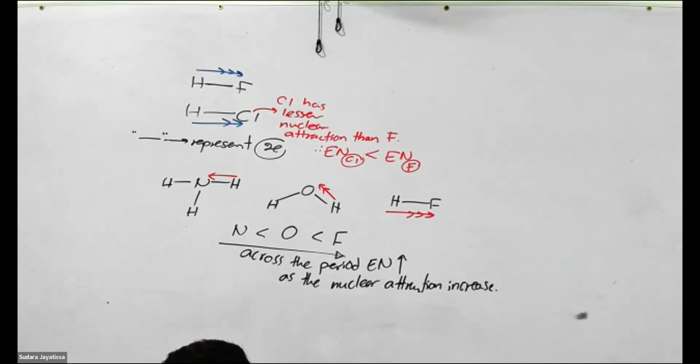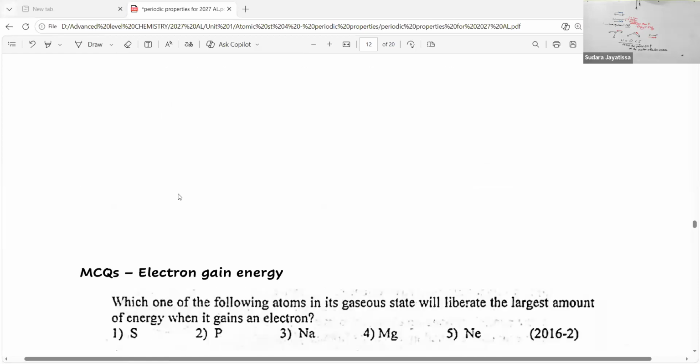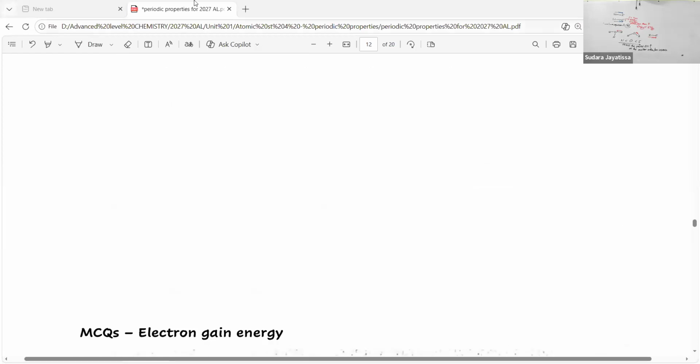Sodium and neon: sodium is larger than neon. That is also a valid point. Actually, the sodium neon thing is basically because of the measuring method, and we can't explain it using the theories. Those are the things we discussed. So try the MCQs again, go through that theory part again, and try those questions I told you.